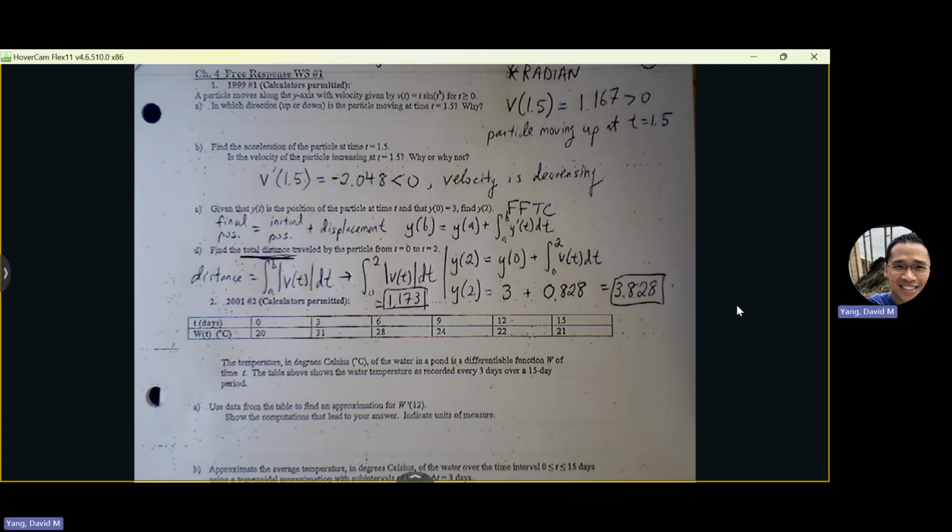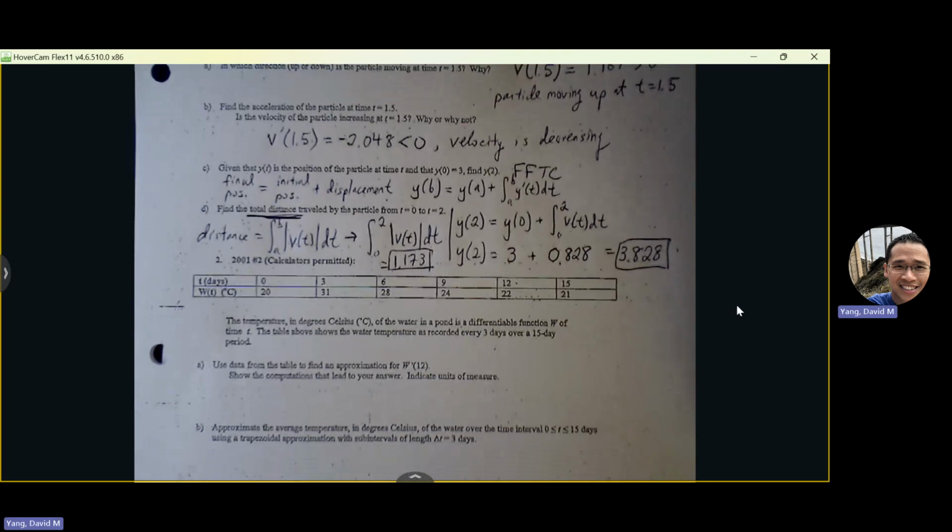These are really the only additional things that are new with your calculator that you need for the AP exam: getting to n deriv, getting to fn integral, getting to absolute value. There's not much more to it than that. But we still need a lot of practice to eventually get ready for that. Okay, any questions?